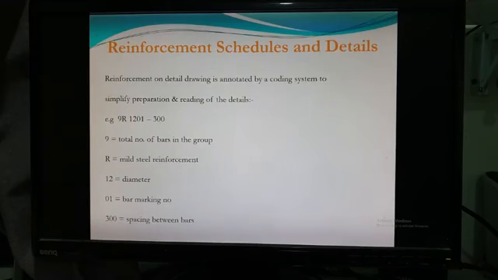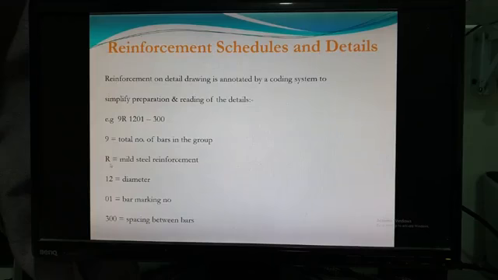So the schedules and details, usually in drawings and other documents, we can see there's a coding system being put for reinforcements. For example, 9R1201 at 300. So 9 means there are 9 bars, or main bars, in this group.